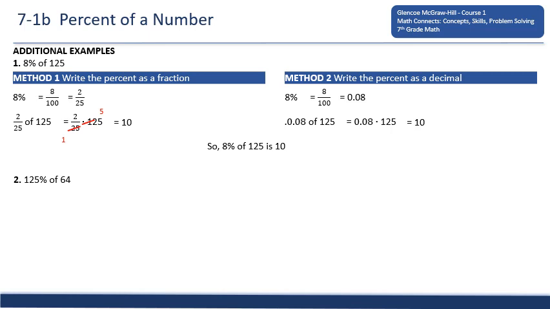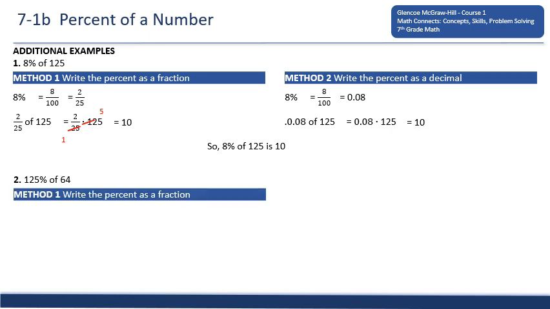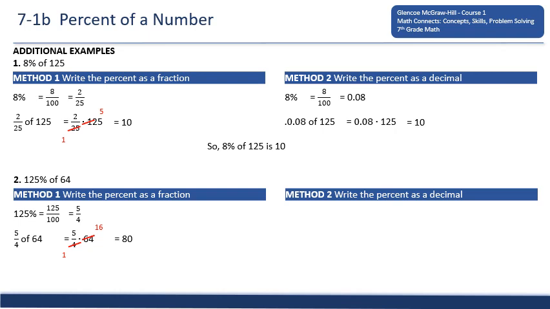Number 2, 125% of 64. As a fraction, 125% equals 125 over 100. Greatest common factor is 25, so we get 5 over 4. 5/4 times 64, and we can simplify by 4, and 4 divided by 4 is 1. 64 divided by 4 is 16. 16 times 5 is 80.